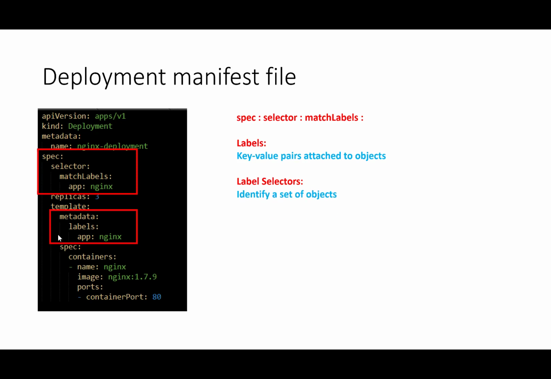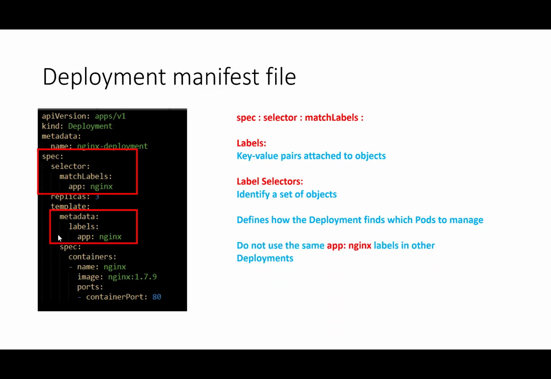Now you have the concept of label selectors as well. With label selectors, you can identify a set of objects. For example, you can issue a kubectl command that gets pods with the label app equals nginx. The Kubernetes API supports two types of selectors: equality based and set based. Equality based supports simple operators like equal to or not equal to.